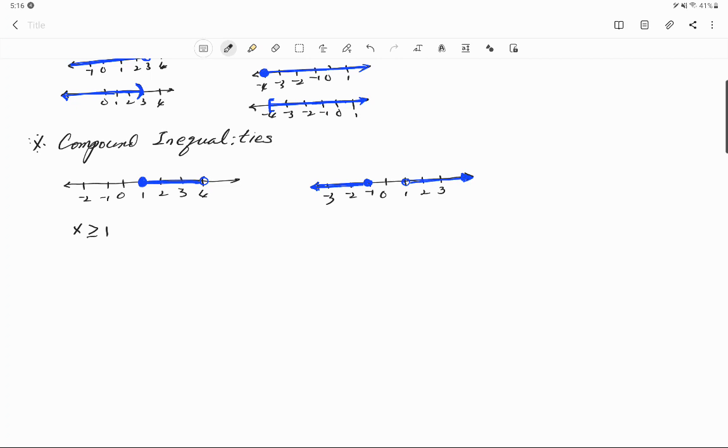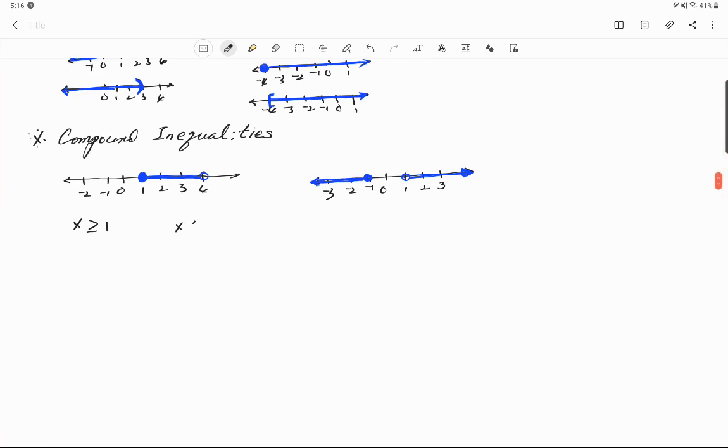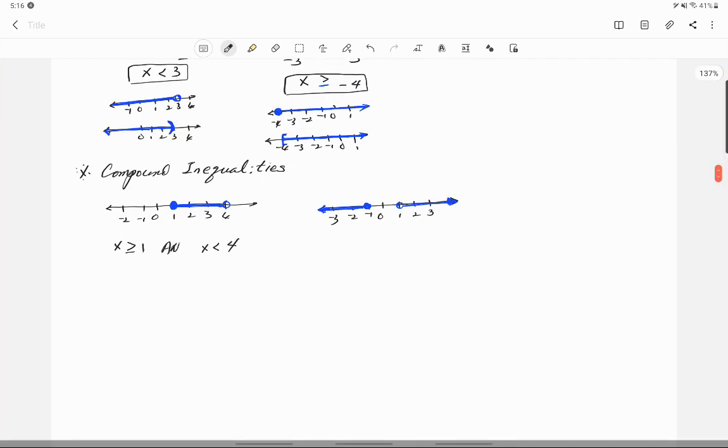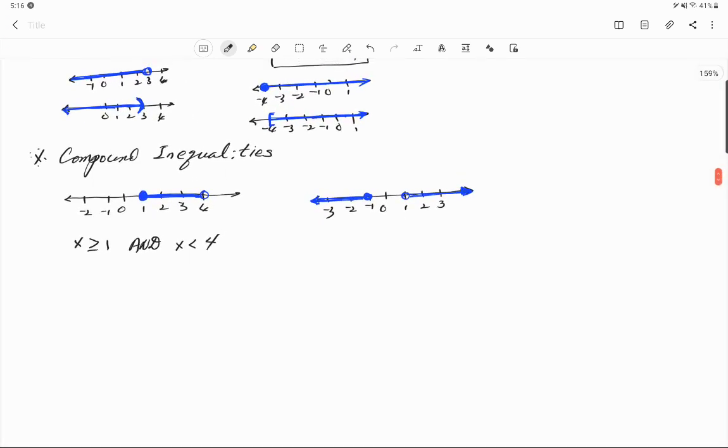And also x has to be less than 4. And 4 is not included, so there's no equal sign. So we have to use the conjunction and.